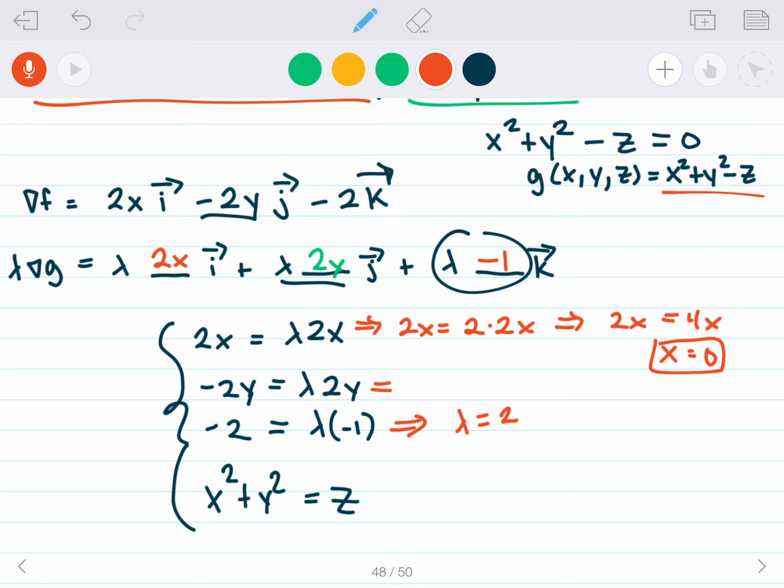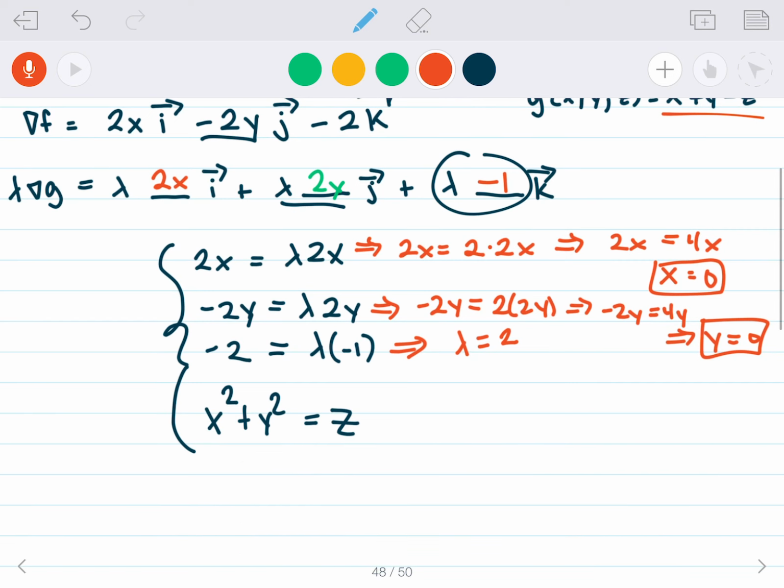We can do a similar thing here. If lambda is 2, we get negative 2y equals 2 times 2y. So negative 2y equals 4y, and I ultimately get y is equal to 0.